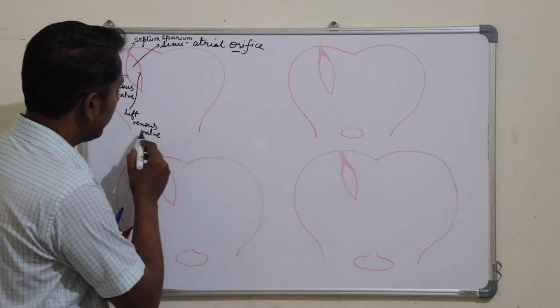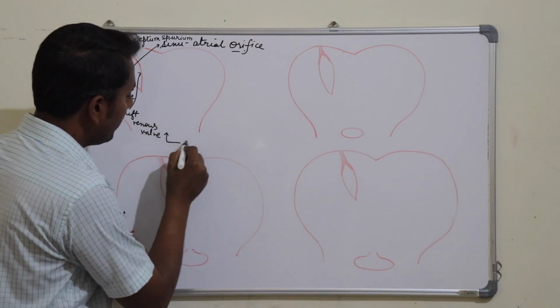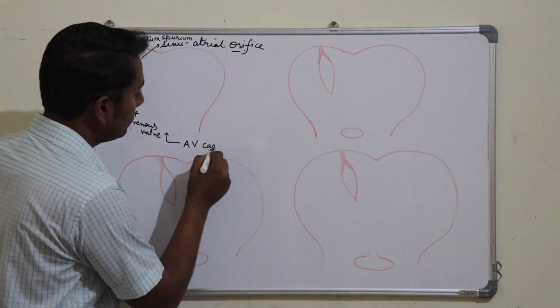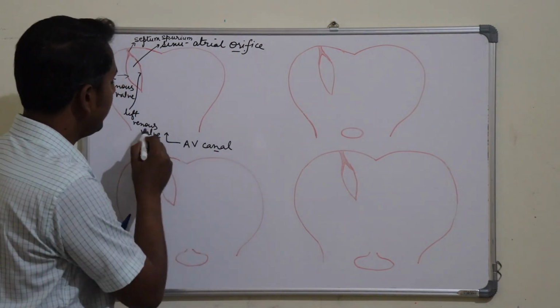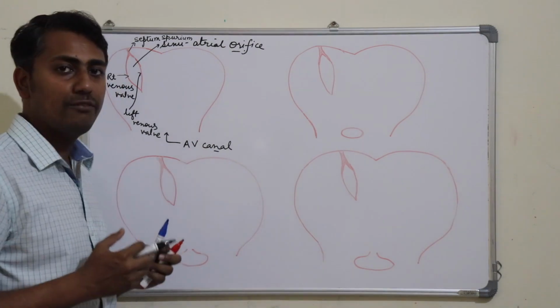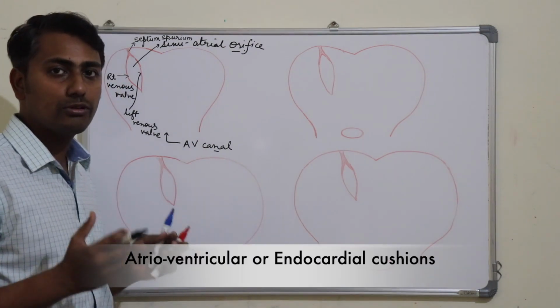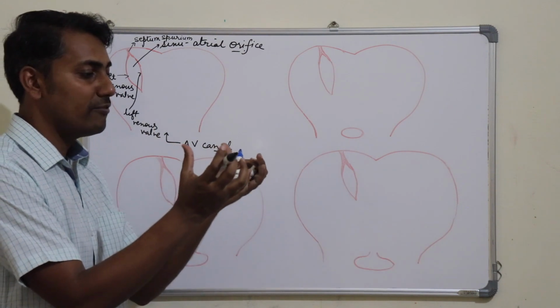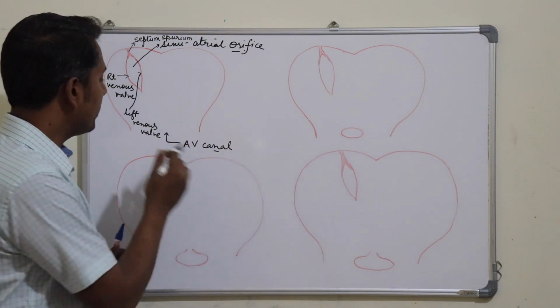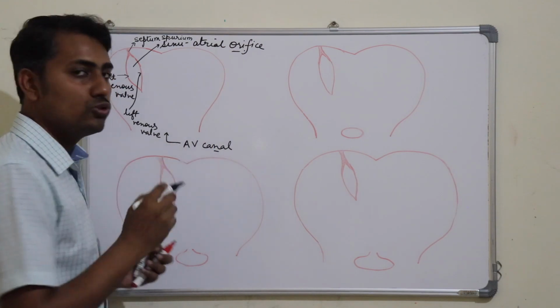This is the AV canal or atrioventricular canal, which will be soon divided into two halves, right and the left opening, by the fusion of two atrioventricular cushions. An anterior and a posterior atrioventricular cushion will fuse together. That will divide this AV canal into two openings.